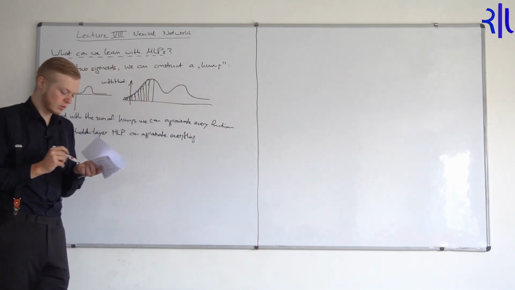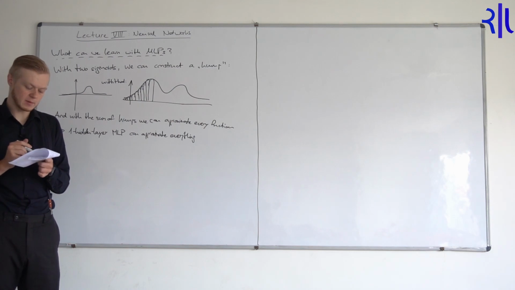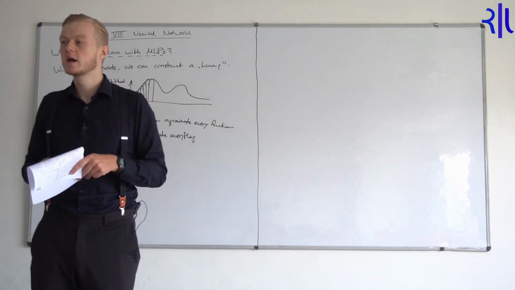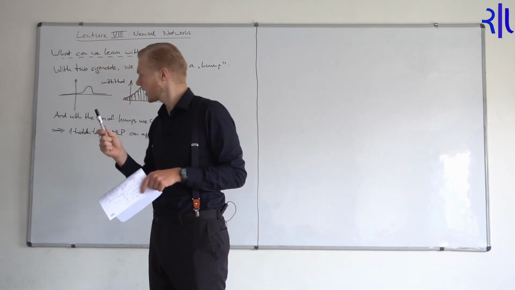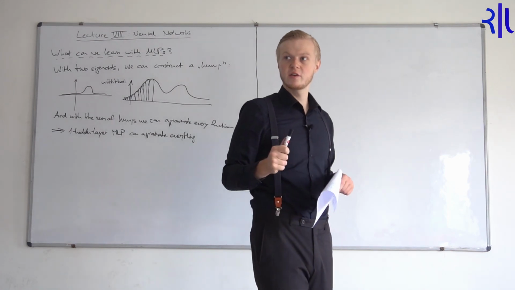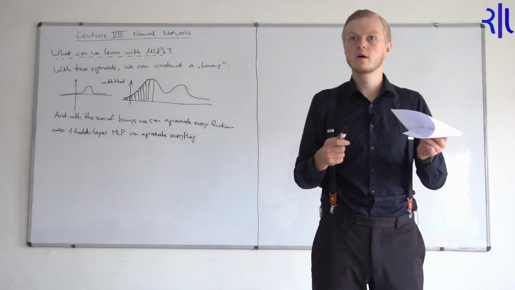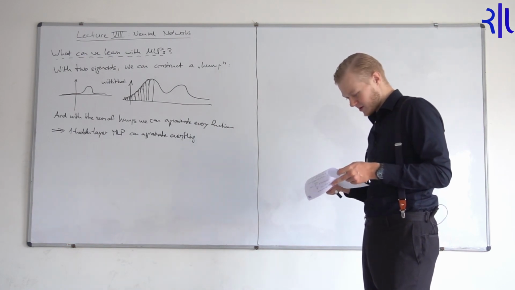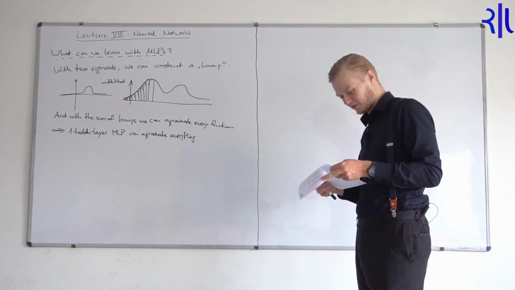So a neural network, an MLP with just one hidden layer, can already approximate any arbitrary function. So we need this one hidden layer to construct the hump, and the output layer then makes the sum of all those humps. So the question is now, how useful is this, of course?